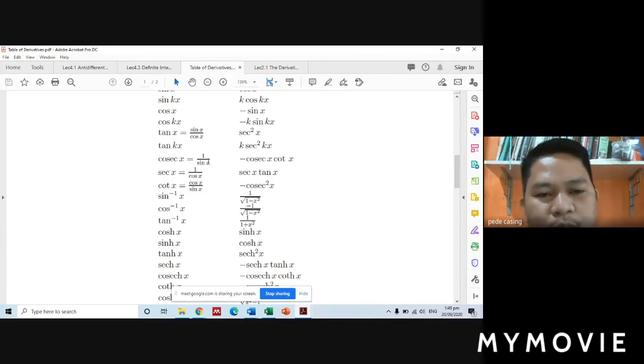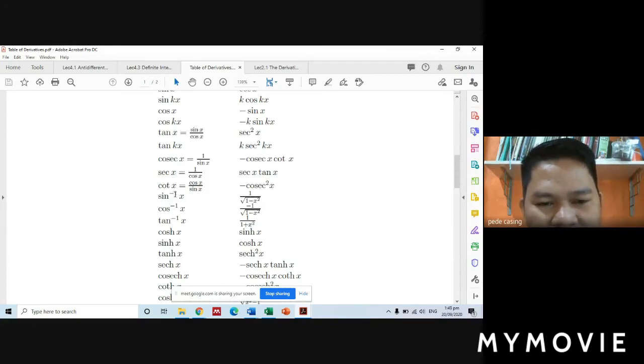Cosecant x is equal to 1 over sine x. The derivative is negative cosecant x cot x, or cotangent. For secant x, this is equivalent to 1 over cos x. The derivative is secant x tangent x. Then cotangent x is equal to cos x over sine x. The derivative is negative cosecant squared x.